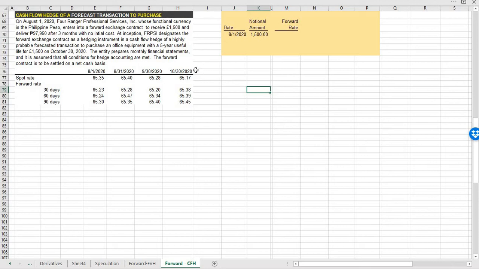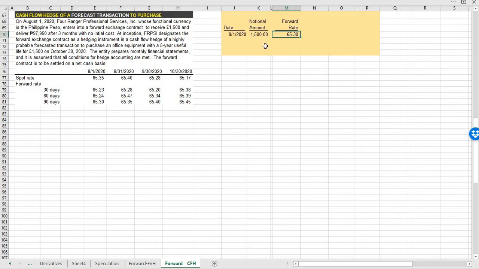And since 90 days pa ang natitira until the settlement date, ang gagamitin nating forward rate syempre is the 90-day forward rate of 65.30. So ano ibig sabihin ng 65.30? Ito daw ang ina-expect nating magiging spot rate 90 days after August 1, 2020, and that is on October 30, 2020, the settlement date.